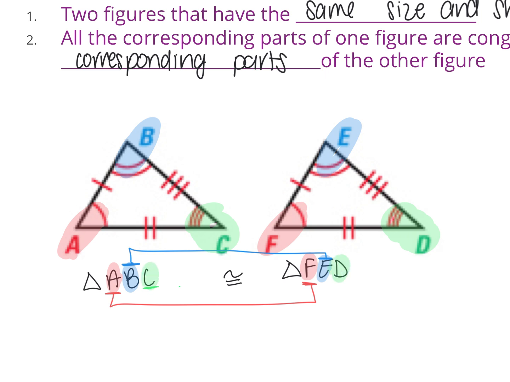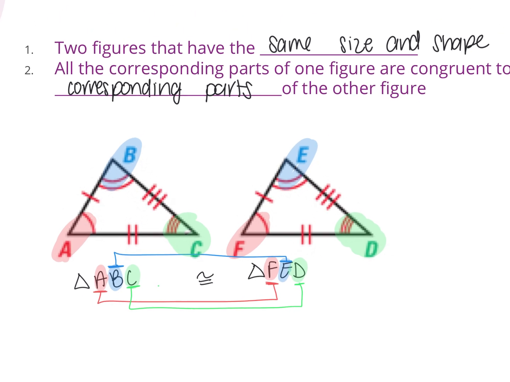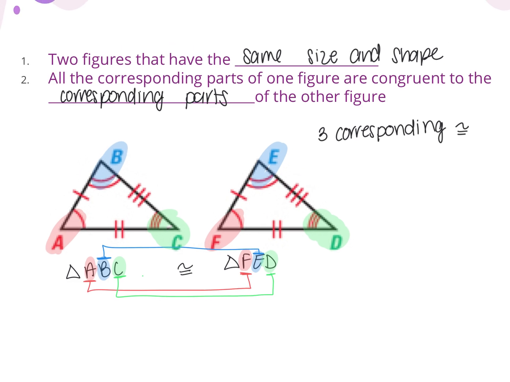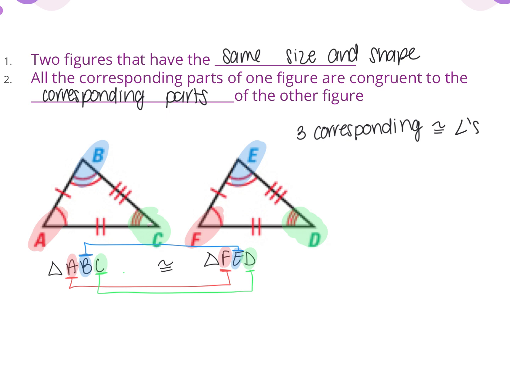What else do I know is congruent? I'm going to name my corresponding angles. What angles are congruent? I have 3 corresponding congruent angles. Again, I'm going to write them how we normally do.